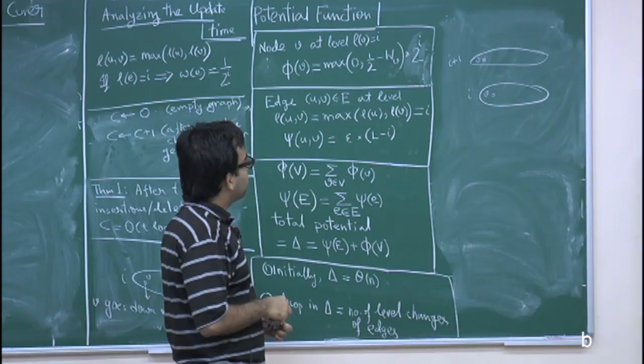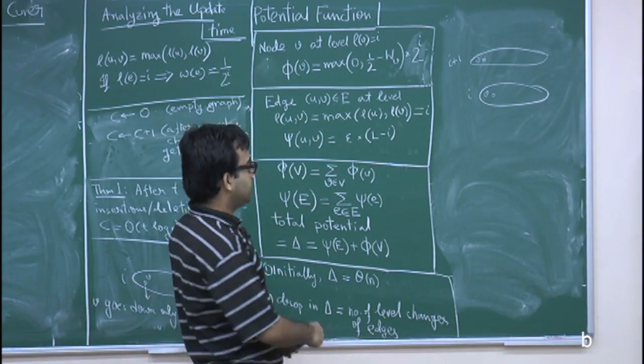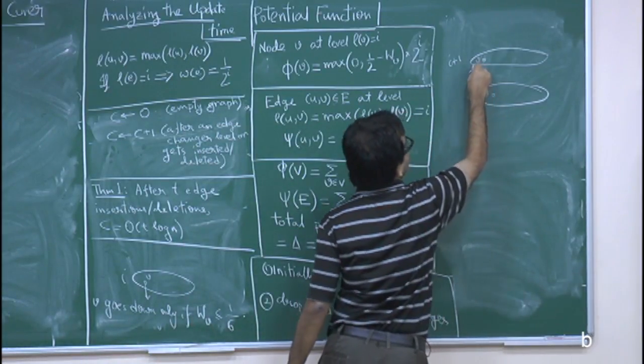So, can you see what is going to happen to the edge potentials when V is going up from I to I plus 1?